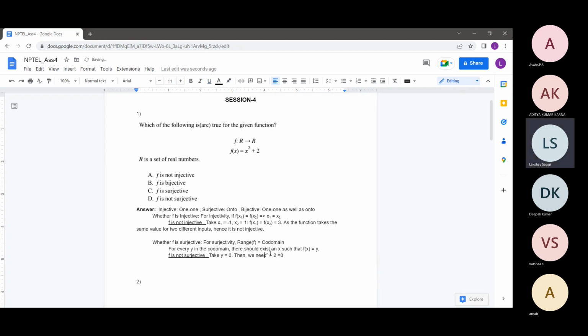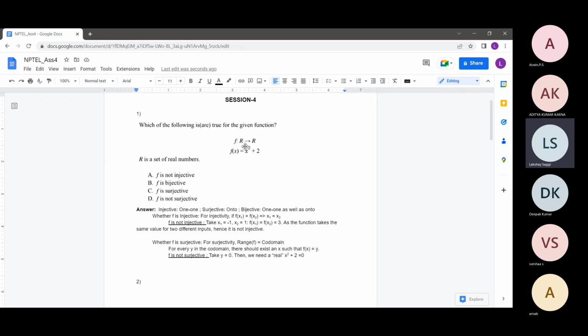Then we need a real x. And why do we need a real x? Because our domain is limited to real numbers. If it included complex numbers also, then it would have been surjective, because then any value could have been represented using complex numbers.